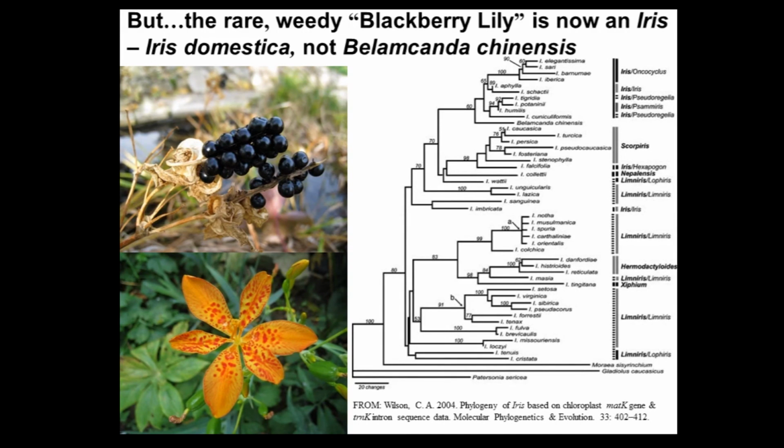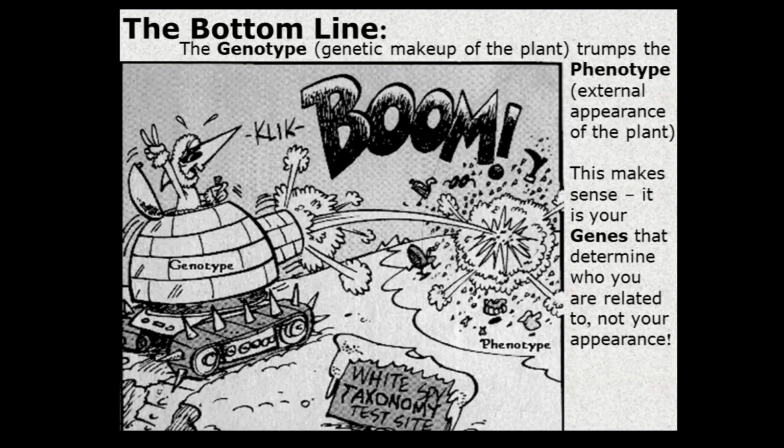Irises. I mean, once you've seen one iris, you've seen them all, and they all stay together quite nicely. Well, there is a little bit of a difference. This iris, which doesn't look much like an iris until you look close, our blackberry lily, is now not Belamcanda chinensis, but Iris domestica. And it's nestled right in, where is it here?